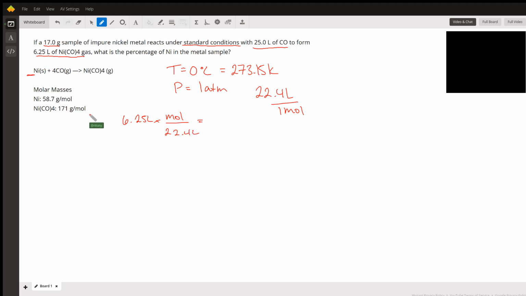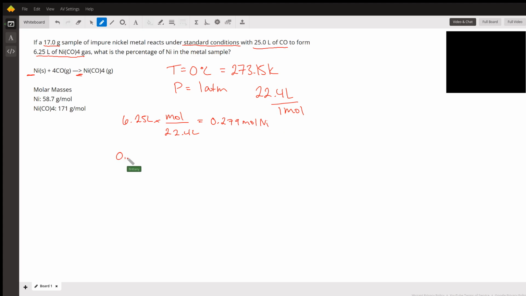Since the coefficient here is 1, and the coefficient here is 1 as well, the number of moles of the nickel carbon monoxide is going to be equal to the number of moles of nickel. And so in this case, I'm getting 0.279 moles of nickel.